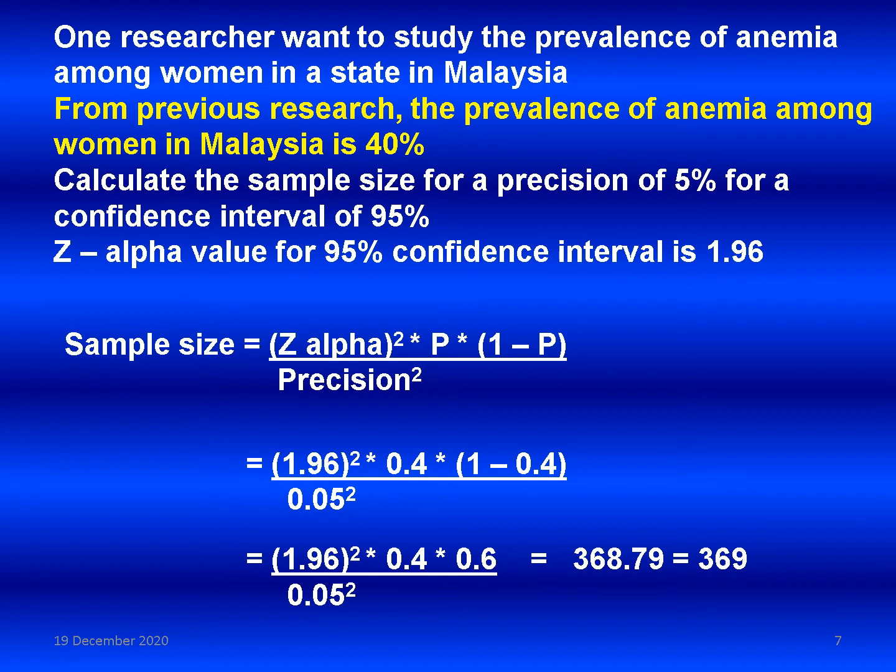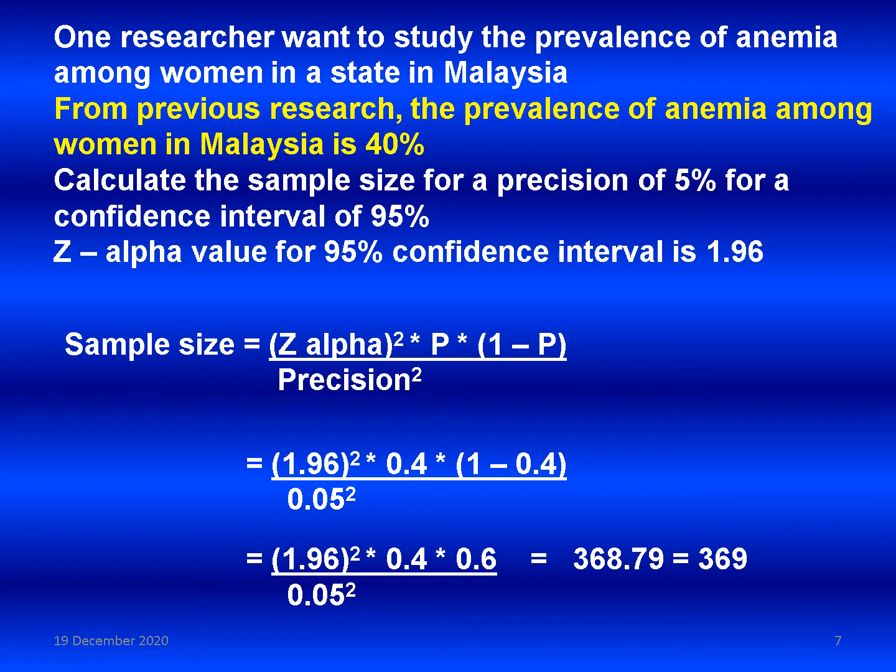So sample size is equal to Z alpha squared multiplied by P multiplied by 1 minus P divided by precision squared. Here also we are substituting the values. 1.96 the whole squared multiplied by 0.4, that is 40 divided by 100, so it is 0.4, multiplied by 1 minus 0.4, that is 0.6.